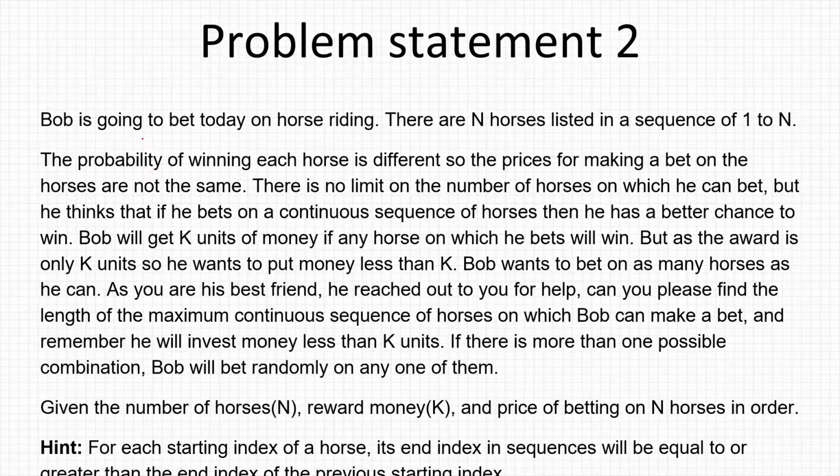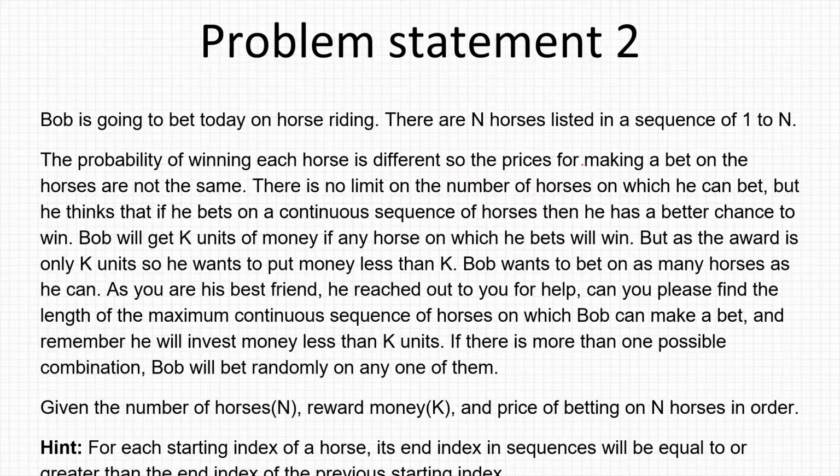So the probability of winning of each horse is different, and the prices for making a bet on the horses are not the same. Most of us have a general idea how betting works, though not everybody knows. The probability of winning of each horse is different, based on previous track records of each horse winning horse races. Each one obviously has different capabilities.